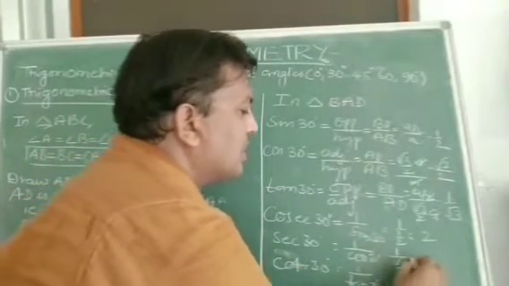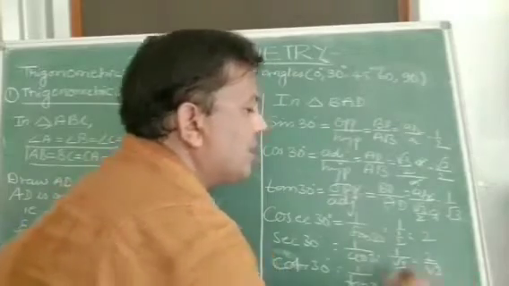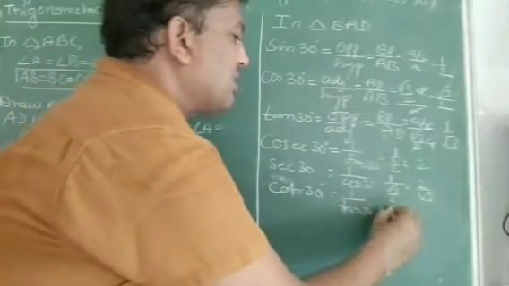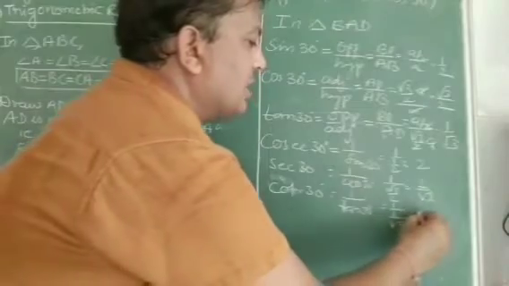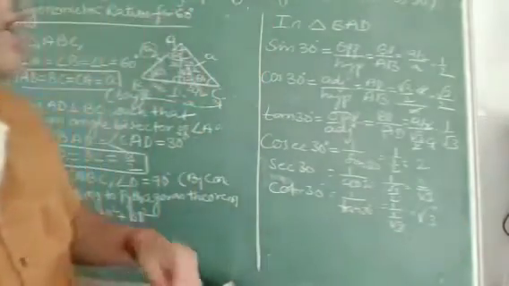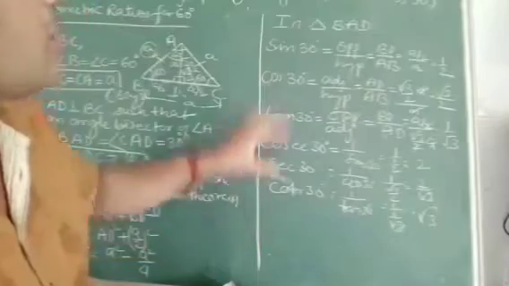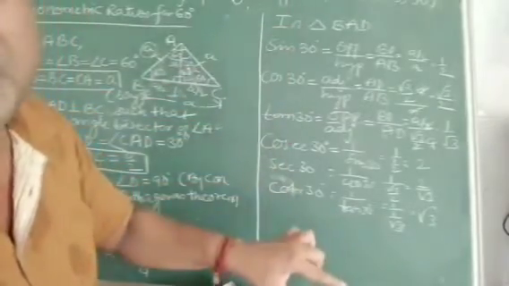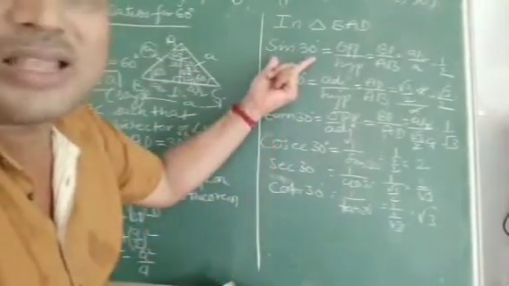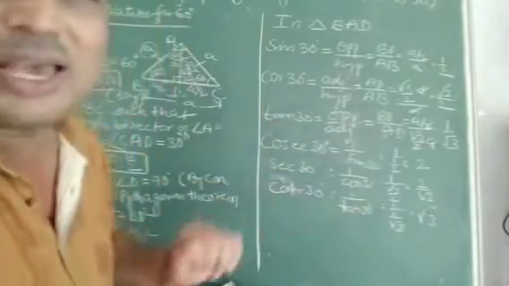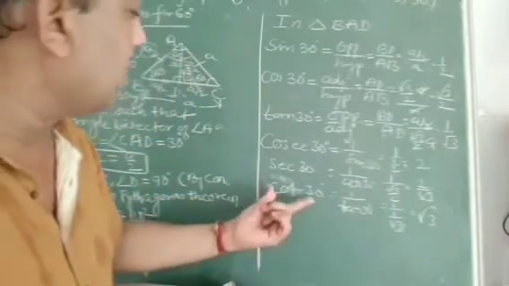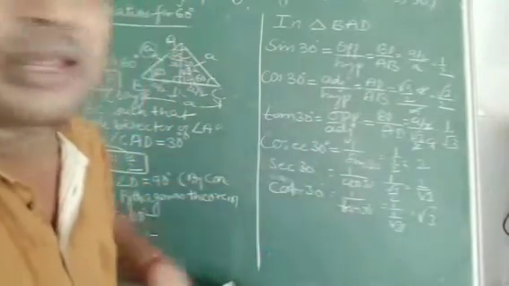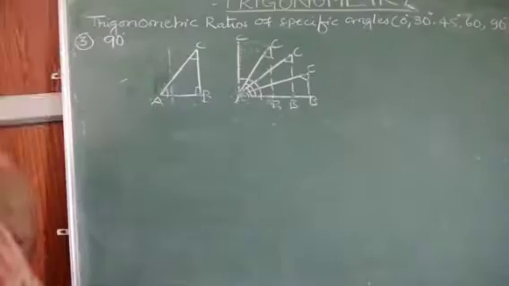Cos 30 is root 3 by 2. It goes up and becomes 2 by root 3, children. 1 by tan 30, tan 30 is 1 by root 3, so root 3 goes up. So these are the values of cosec 30, sec 30 and cot 30. In this way also you can find out, children. Once we find sin 30, cosec 30 is equal to 1 by sin 30. Cos 30 we find, sec 30 is equal to 1 by cos 30, and cot 30 is 1 by tan 30. In that way also we can find, children.